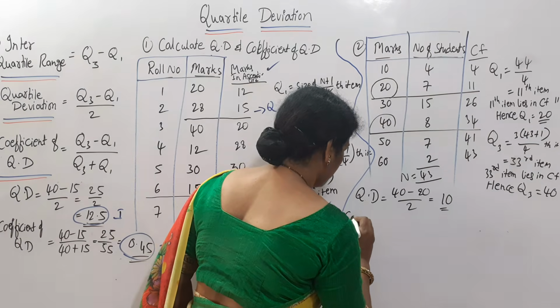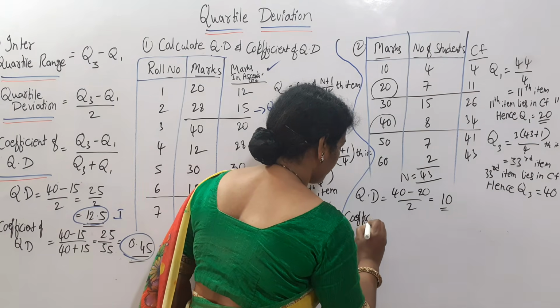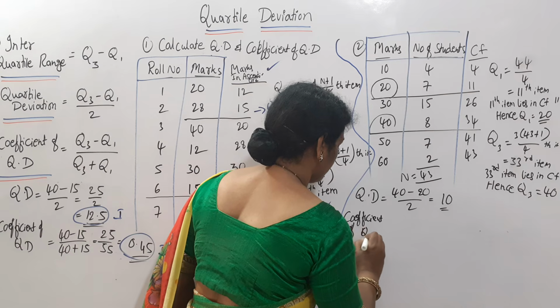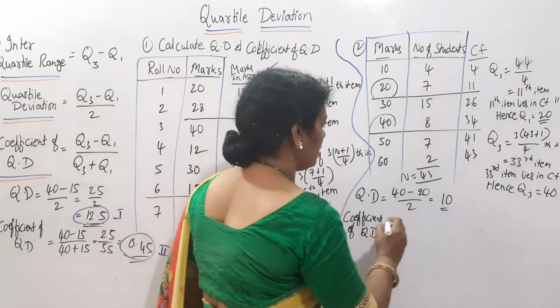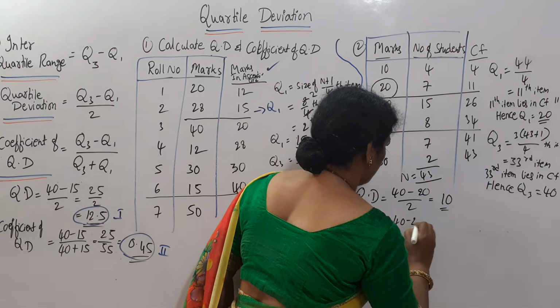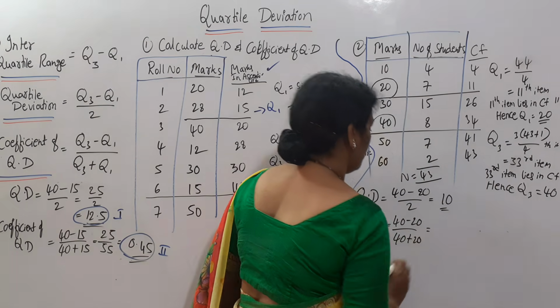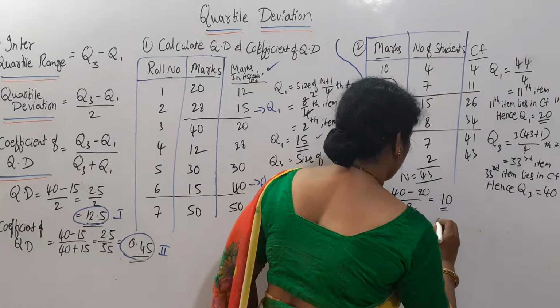Then coefficient of quartile deviation. This is 40 minus 20 by 40 plus 20. 40 minus 20 is 20.